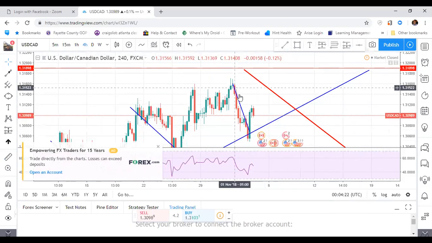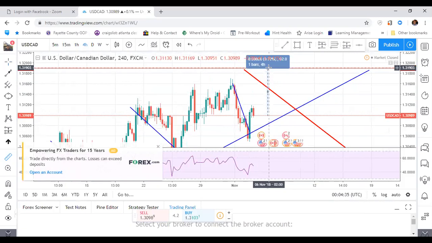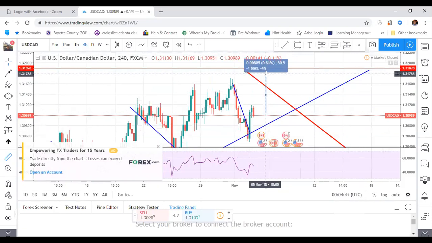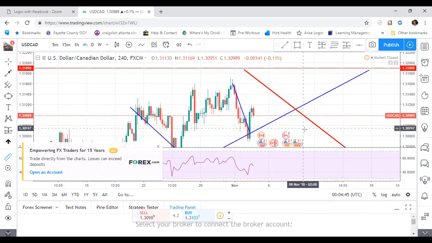See, it broke this trend line, came up. When this candle formed, you could have jumped in and possibly ridden up here to get those 89 pips. Yeah, almost 90 pips. You could ride it up there, make your take profit maybe about 5 to 10 pips underneath it, and then jump back in when it breaks this line.